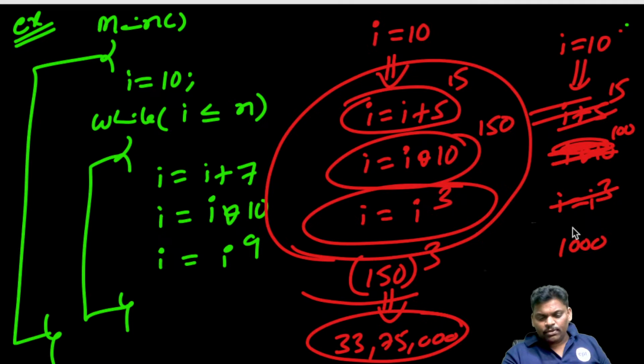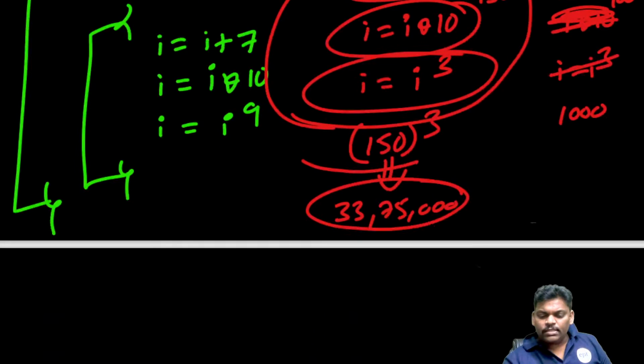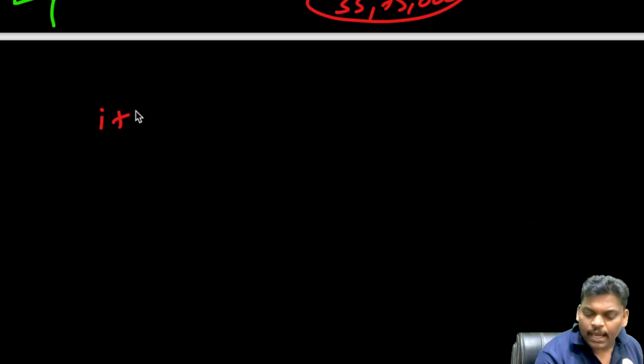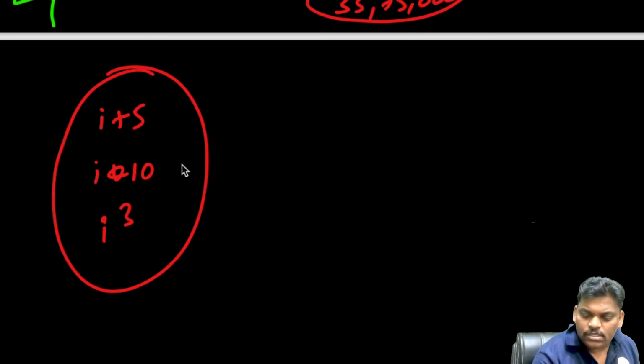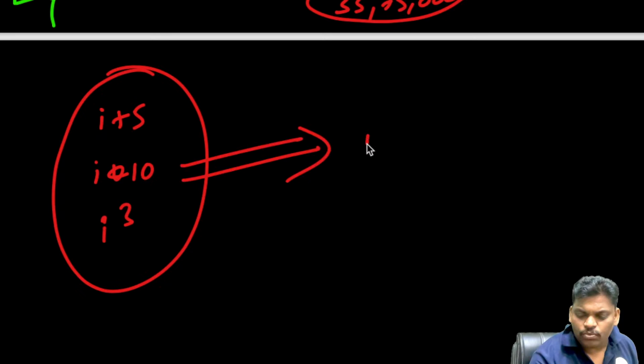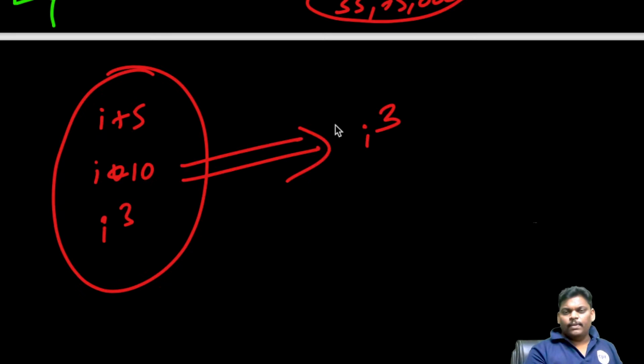The solution is, for a bigger i value, i plus 5, i into 10, and i power 3 are almost close to i cubed only. For smaller values there may be some differences.